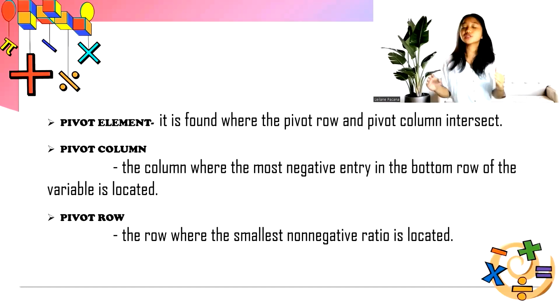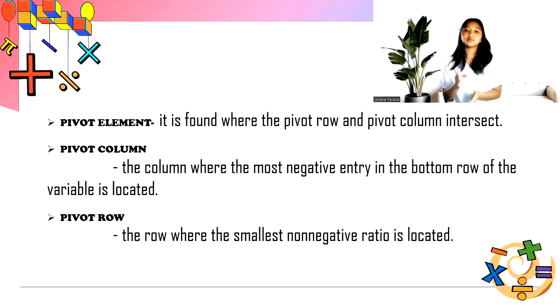Now, there is also one of the most important steps in our simplex method, which is the pivoting. In pivoting, we determine the pivot element, the pivot column, and the pivot row. How do we determine the pivot element? It is the number where the pivot row and the pivot column intersect. How do we determine our pivot column?